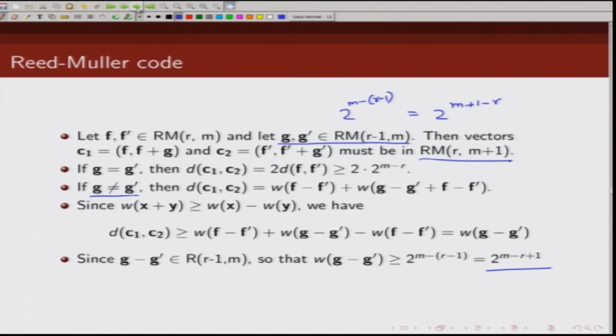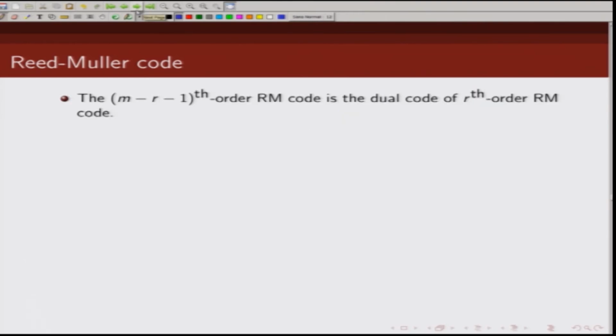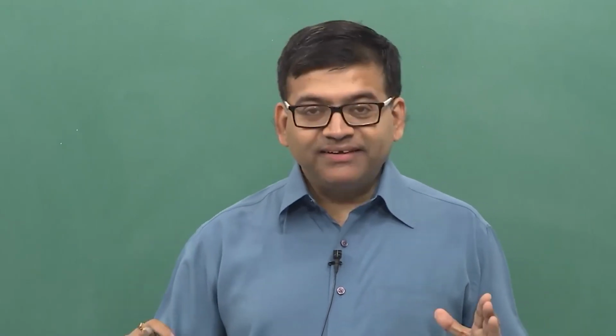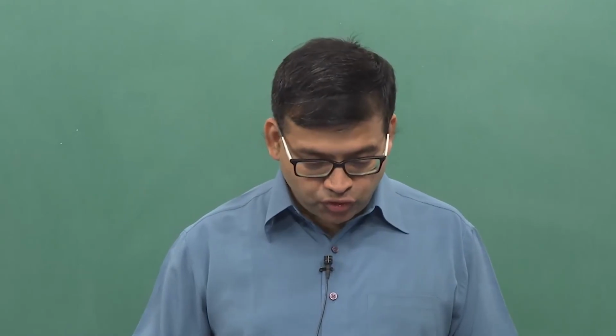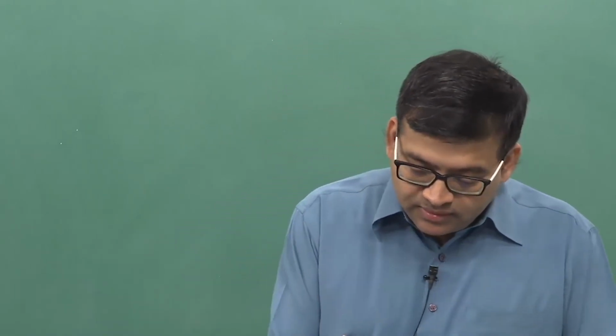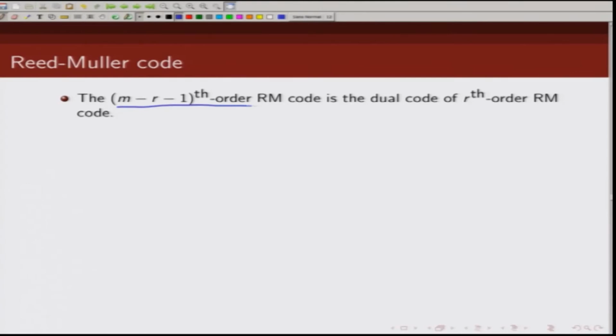So, this will conclude the proof using mathematical induction that the minimum distance of Reed-Muller code is 2 raised to power m minus r. The next result which we are going to show you is that the m minus rth order Reed-Muller code is the dual code of the rth order Reed-Muller code.